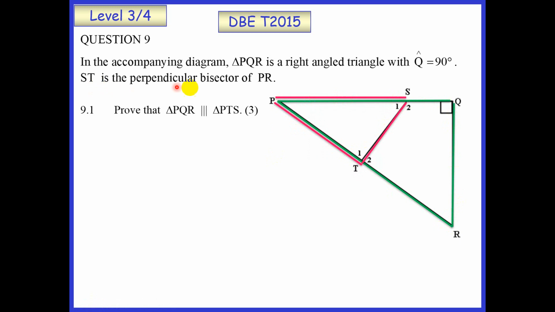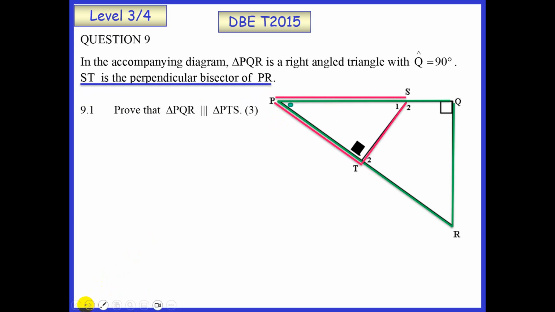Now remember what they told us on the top: ST is a perpendicular bisector, so T1 will be equal to T2. We'll look at that a little later. If we look at both triangles, number one, we can conclude that angle P is common.